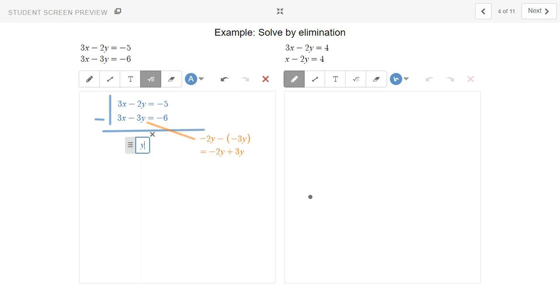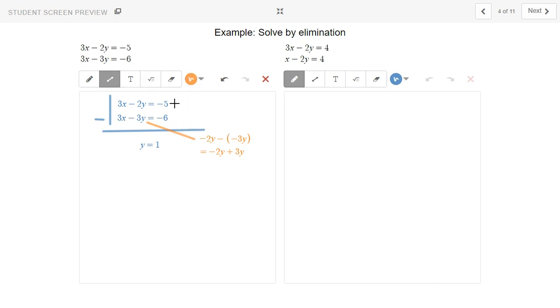So I have positive y, and on the right-hand side of the equal sign, we have negative 5 minus 6, similar to this one. My two negatives give me a positive. So really, I'm saying negative 5 plus 6. That gives me a positive 1.